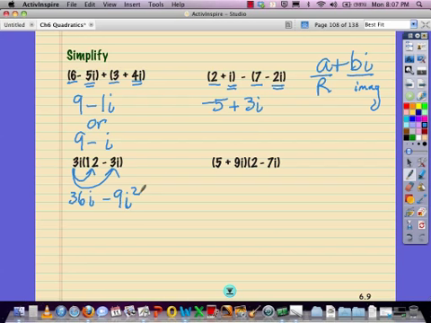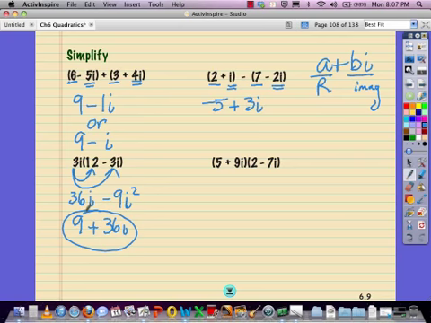Minus 9i squared. i squared is better known as negative 1. So that's negative 1 times a negative 9, which is a 9. Let's rewrite this: 9 plus 36i when we simplify. A plus bi form, it matches. So that would be our final answer.